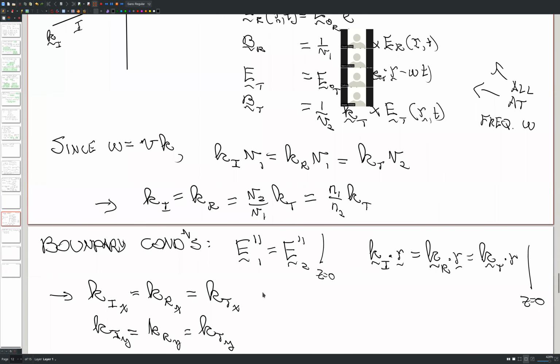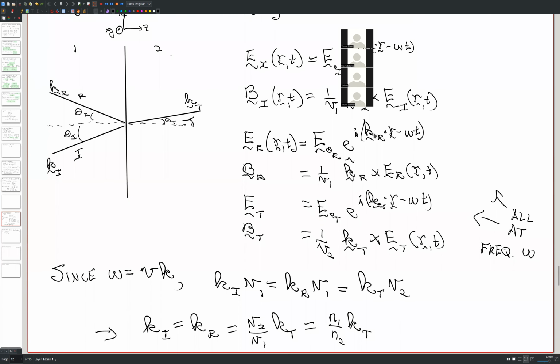Therefore, the only function of x that I have is k_x times x for the incident, reflected, and transmitted waves. So the k_x's from this wave, this wave, and this wave have to take the same value for this to be true for all x. Does that clarify what I mean? And it's the same thing with y.